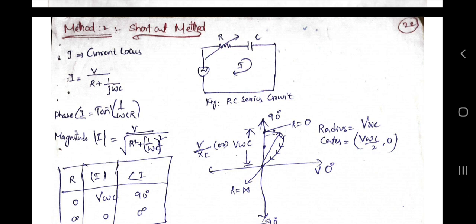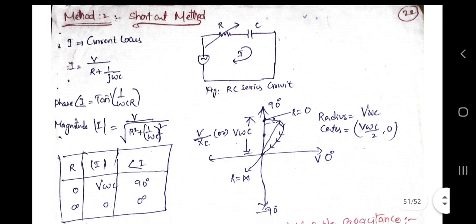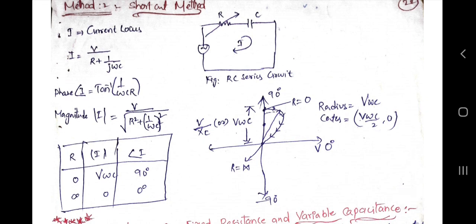If you come to method 2, here the current locus is I equal to V by R plus 1 by j omega C. We already know that. This is the combination of both the resistance and capacitance values. So that is the pure current passing through the circuit, which is the ratio of applied voltage to the total impedance.